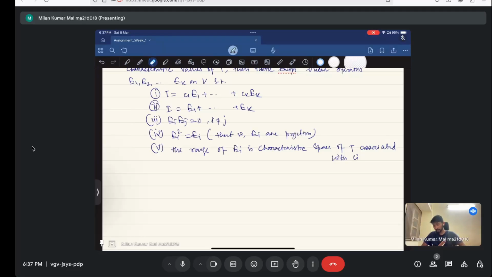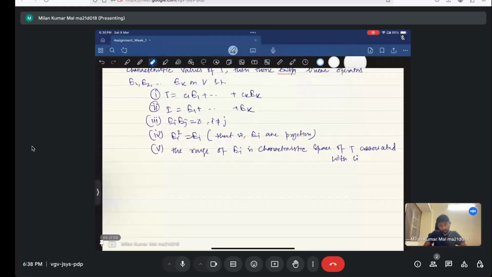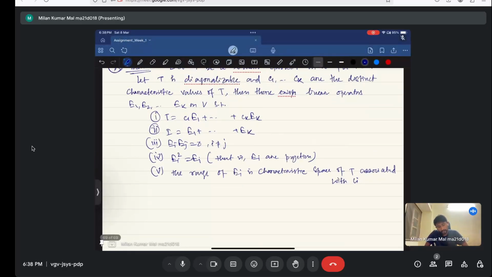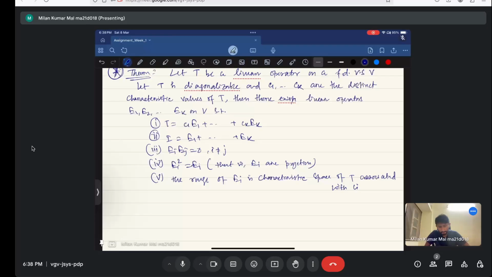In that case, the other will be satisfied. But the interesting fact we want to say here is that suppose we have the minimal polynomial, and T is defined this way.